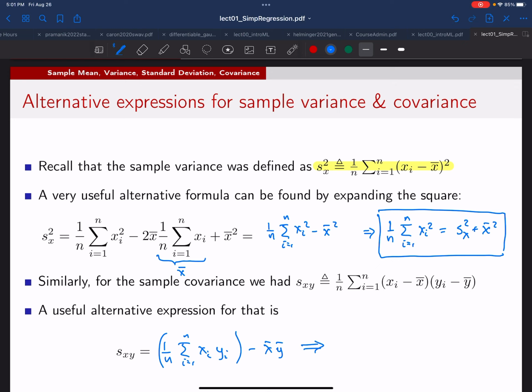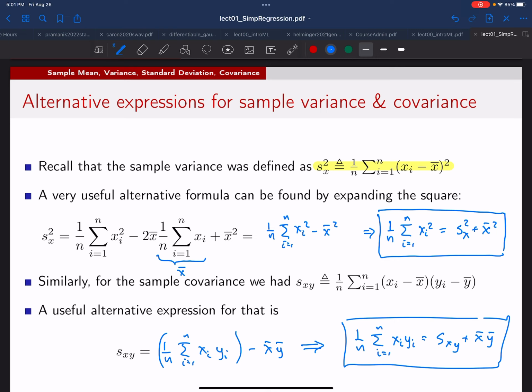And that implies, after moving things around a little bit, 1 over n times the sum of xi yi is just this sample covariance plus the product of the mean of x and the mean of y. So this is another super useful relationship, and we will be using these in our derivation because they'll show up there. Make it really convenient.